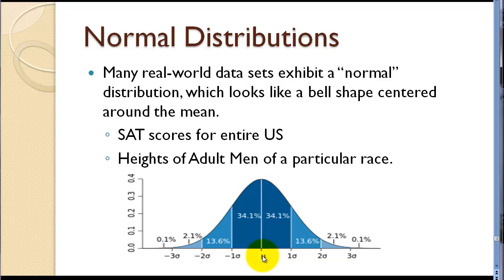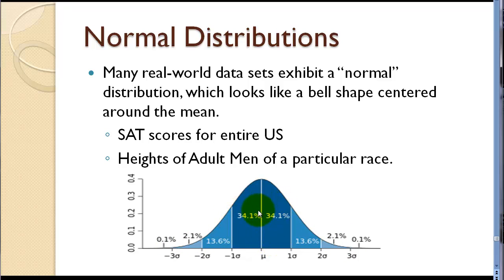Now, if you notice on the bottom here, the mu stands for the mean of the data, and we've counted off adding 1 standard deviation, adding 2 standard deviations, adding 3 standard deviations to the right, and subtracting multiples of standard deviations to the left. And no matter what the data is, if it's normally distributed, these percentages in terms of the amount of data that's in each interval is always the same.